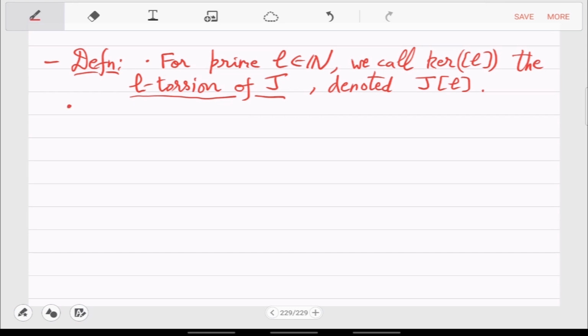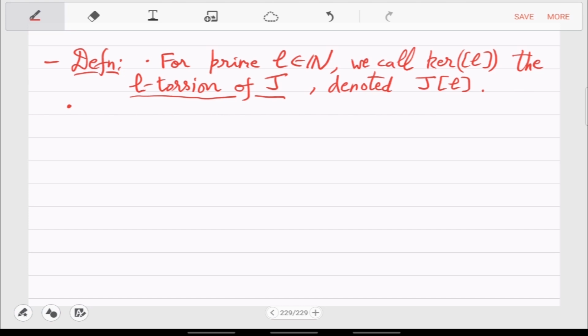So, for example, for L equal to 2, the 2 torsion is all these points in J whose order is 2. 2 times that point is 0. This was also a question in the assignment, identifying the 2 torsion. But you don't have to stop at 2. You don't have to stop at L. You can do L square, L cube, and so on.